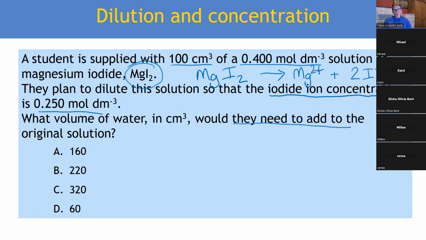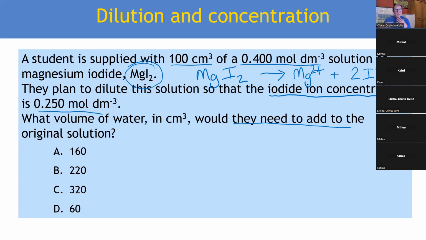So in terms of moles, that's important, because if I started with 0.4 moles of magnesium iodide and I dissolved it in a decimetre cubed of water to get that concentration, I haven't got 0.4 moles of iodide ions. I've got 0.8. It is a 1:2 ratio. I get twice as much.